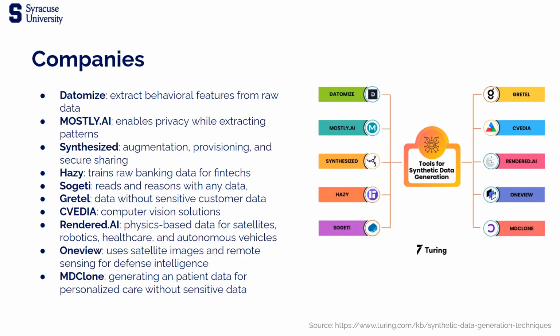But for the ones that really seem to relate to what I was talking about, the medical data, you have mostly AI. You have Gretel, and there's Rendered AI. I'm sure many of them actually do cover privacy concerns. I think that was probably one of the use cases. I didn't dive all the way into each one of these companies.